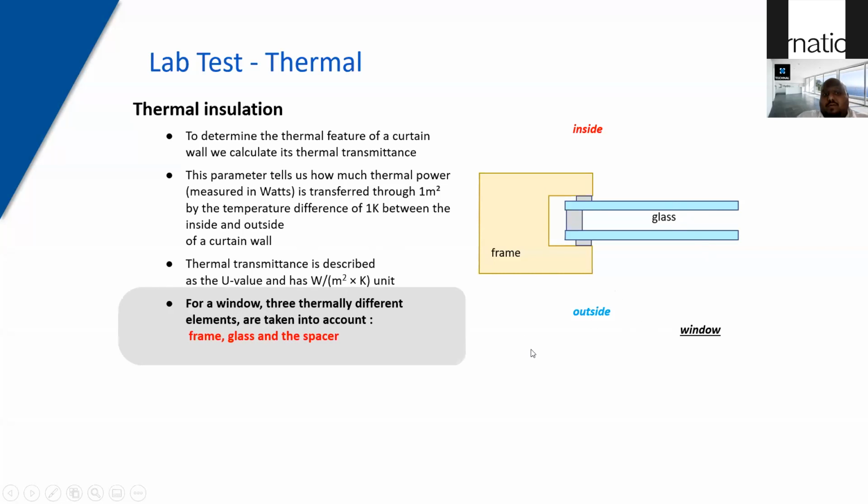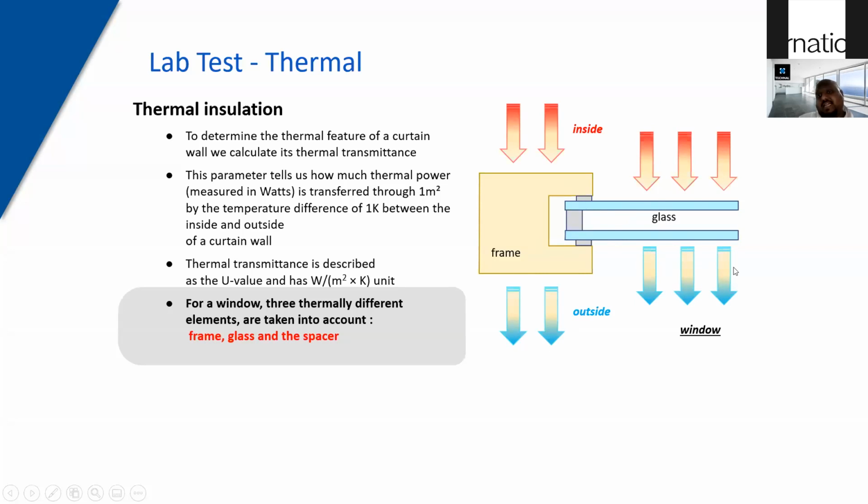For a window or a curtain wall to be thermally effective, we have to consider 3 aspects. We have to consider the framing, the glass, and the spacer. The spacer is essentially the one which divides your hermetically sealed panels of glass. From inside to outside, you have heat or cold coming in, and from outside to inside, it is the same, which is opposite of what is just displayed here.